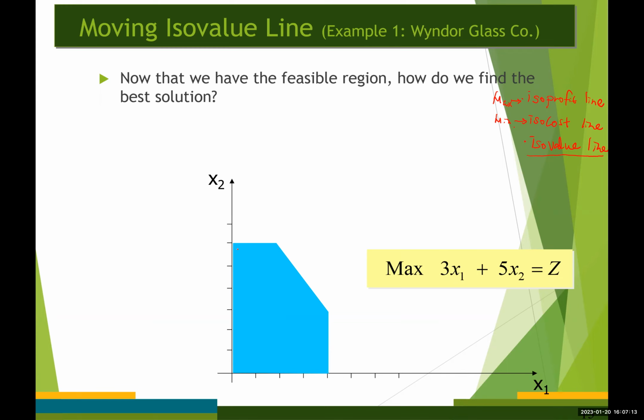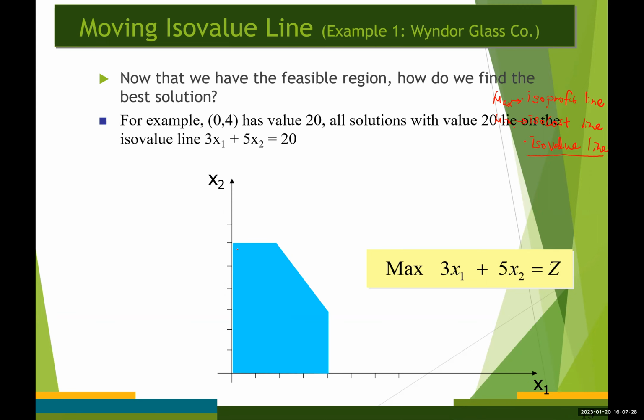It really doesn't matter. Just choose any point in the feasible region and then calculate its objective function value. So let's do that. Let's choose the point (0, 4). Just arbitrarily, we choose this point.